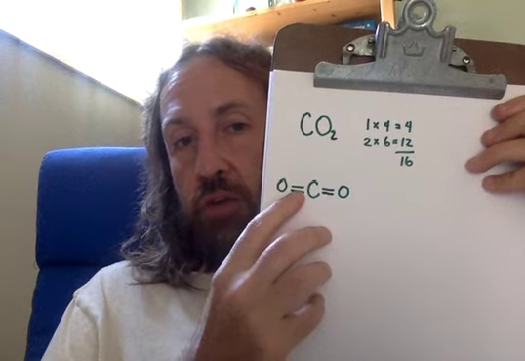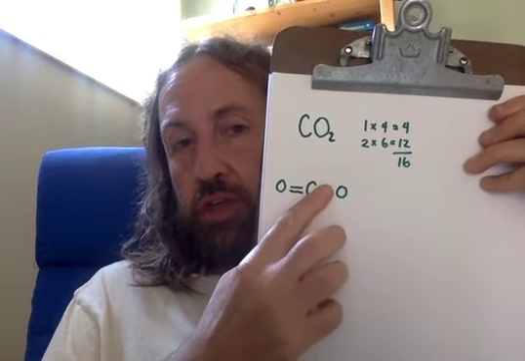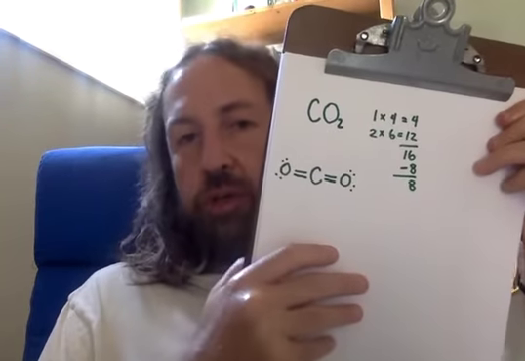And so now I've used 2, 4, 6, 8 electrons. So 16 minus 8 is 8. And then I just distribute the unshared pairs, and everybody's happy.